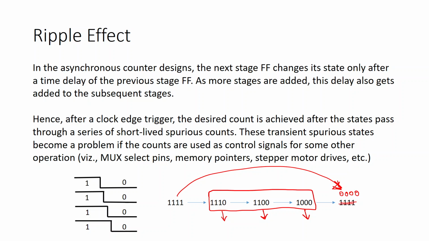This is a problem when these counts are used as control signals for some other operation. Like you have read in muxes, if these are acting as mux select inputs, or as memory pointers or stepper motor drives, and many other operations, then that becomes a problem.